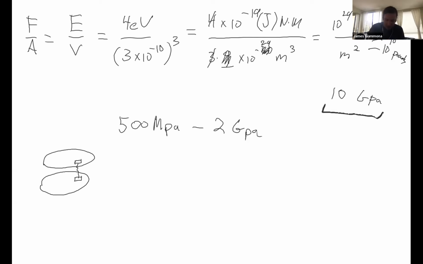But now if we wanted the force necessary, we can multiply by the area of this whole material, and that will give us a much bigger force. But this is the correct force per area for any size.